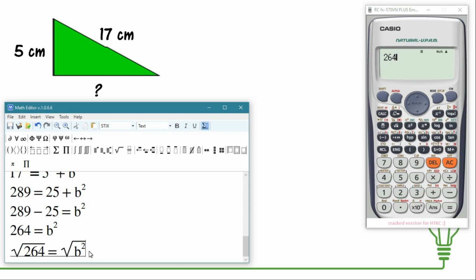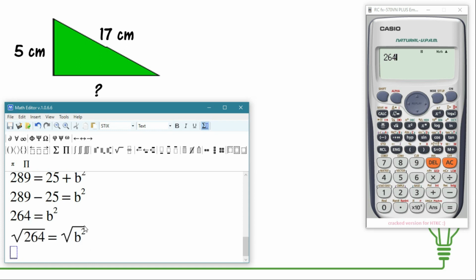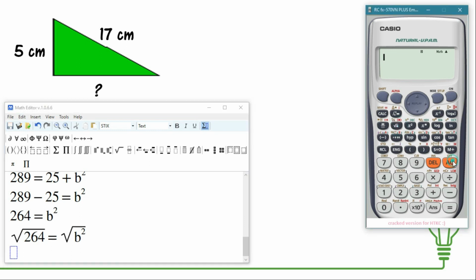Okay? So, in this case, mai-eliminate na natin yung exponent. What is the square root of 264? The square root of 264 would be equivalent to 2 square root of 66, or in decimal value, that is equivalent to 16.25.